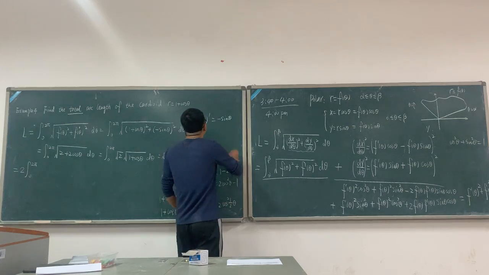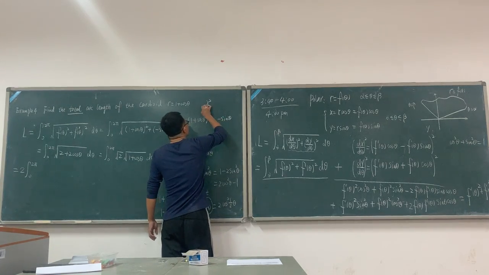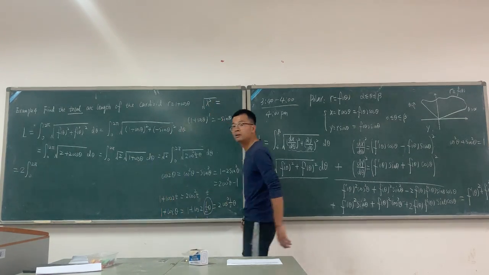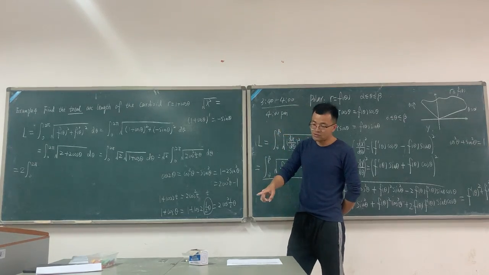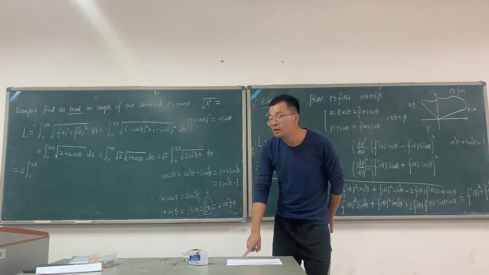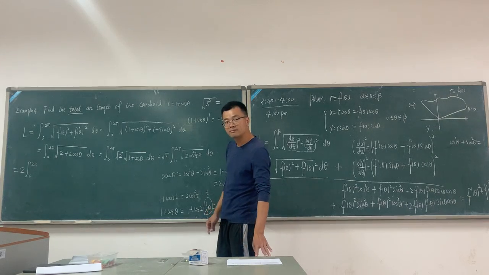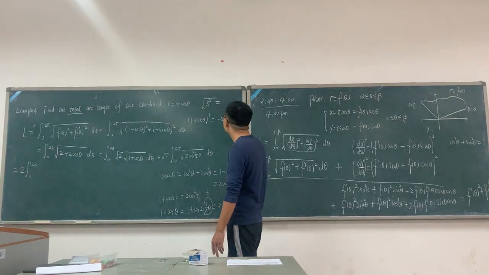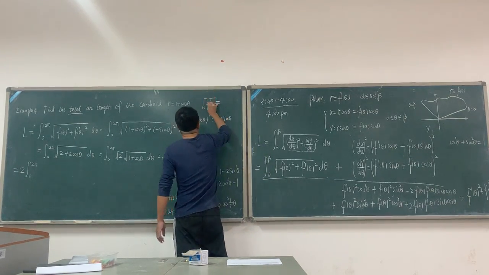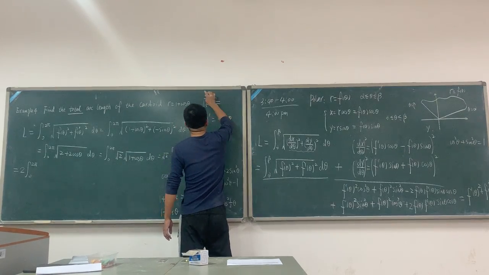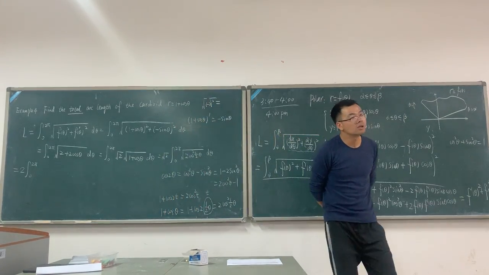So now we have the square root of x squared. Actually, what is it? For example, minus 2 squared is what?